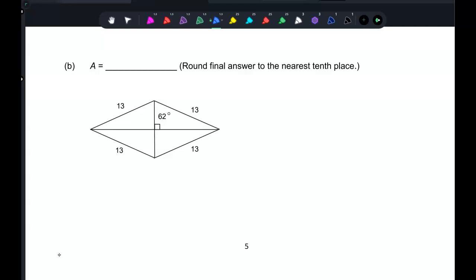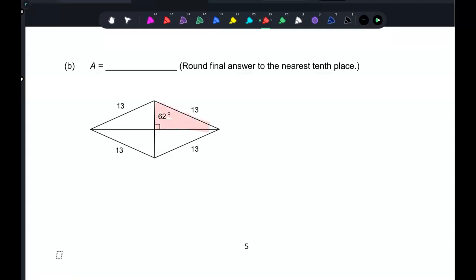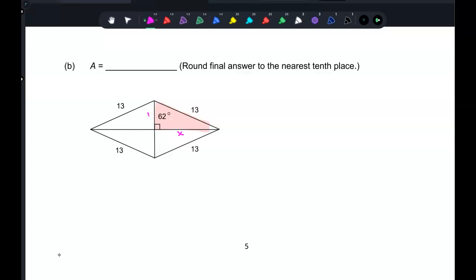All right, next one. It's a rhombus because all the sides are congruent. Now I need to figure out both of the diagonals. So what I'm going to do is focus in on one of these triangles. And let's make this X and I'll make this Y. If I'm finding X, I'm going to use sine.